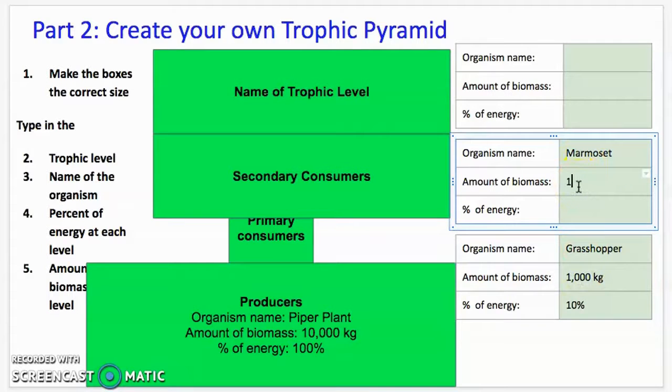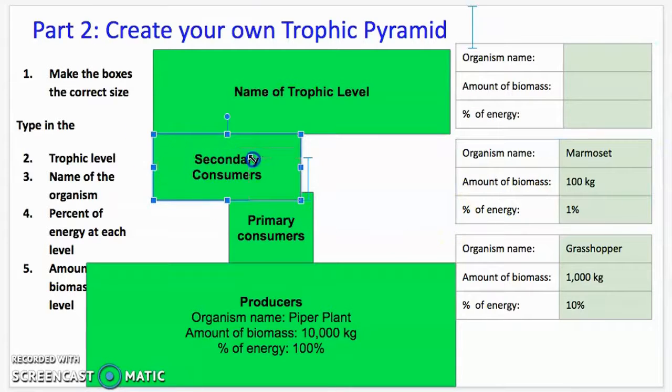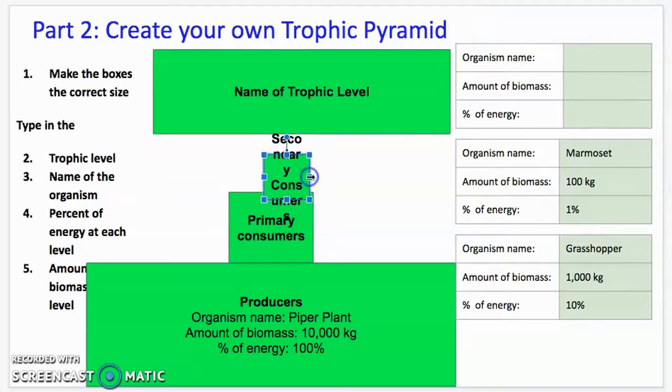I'm dividing by 10 again, so I'm going to get 100 kilograms in the marmosets. The amount of energy went from 100% down to 10%, divide by 10 again, 10 divided by 10 equals 1%. So here I'm going to put 1% for my energy. And this box should again be a tenth the size, so I'm going to make this one a tenth the size of the one before.